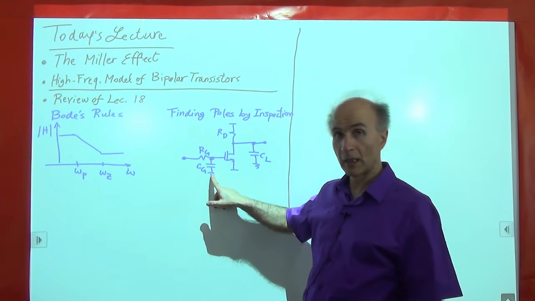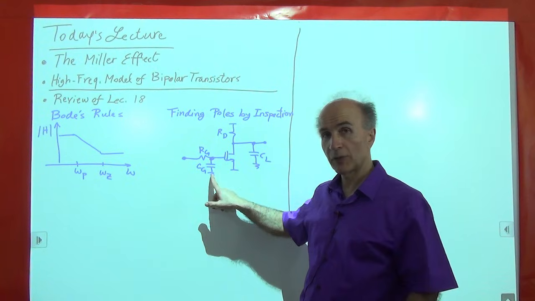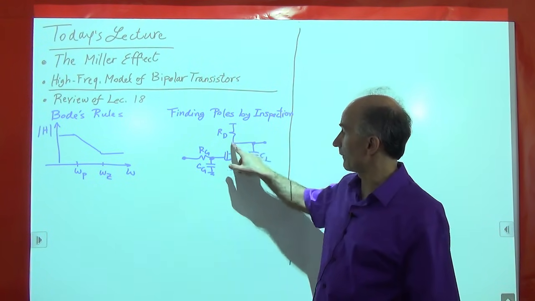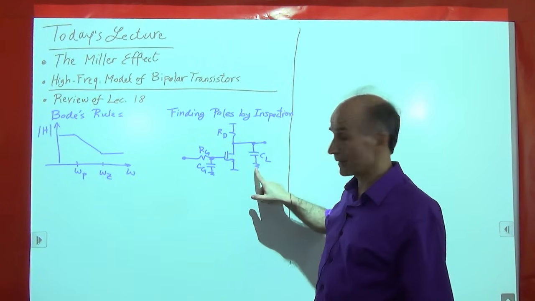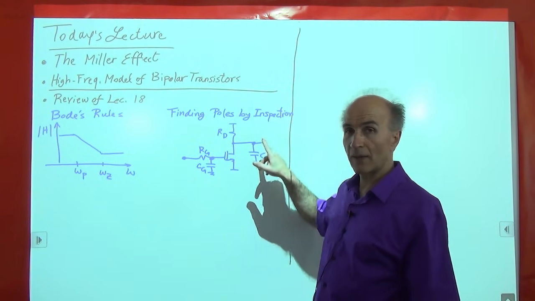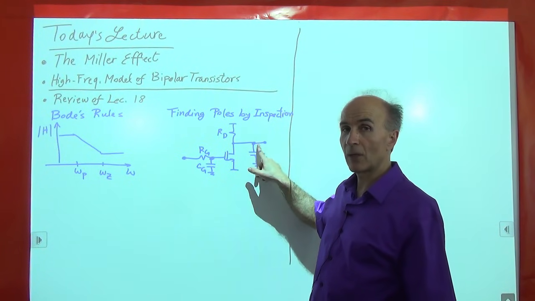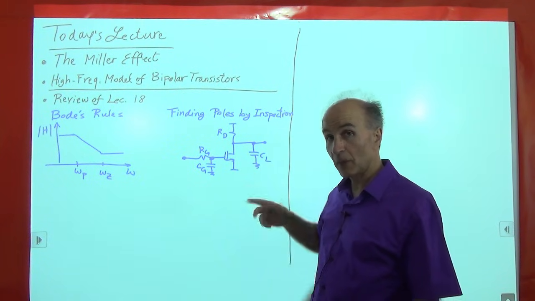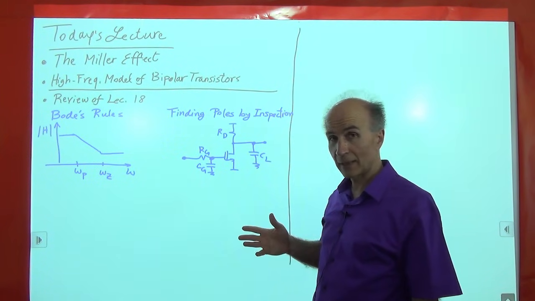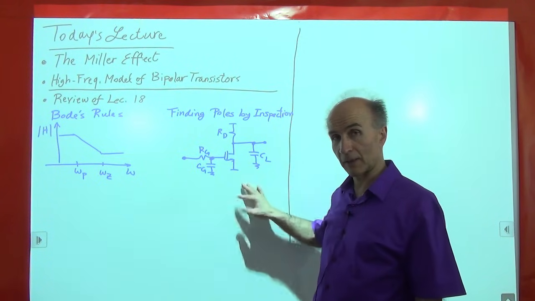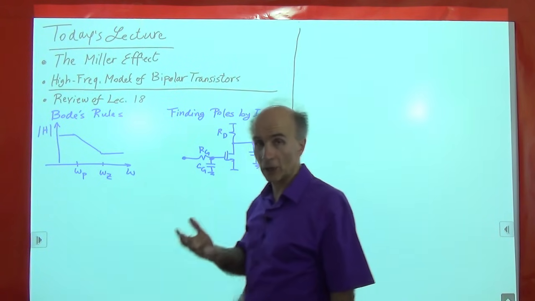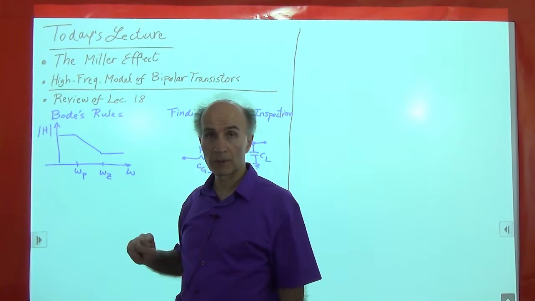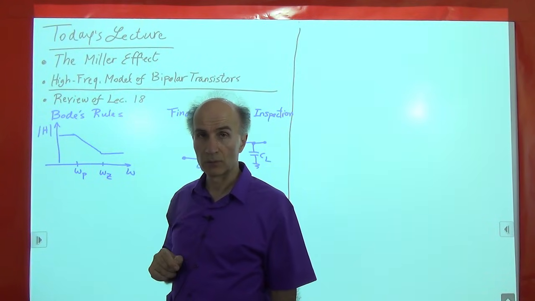That would be omega. If you want to find f in hertz, you would have to divide that by 2 pi also. Similarly, at this node, I have a resistance to AC ground and the capacitance to AC ground. So I can say that the pole at this node is given by 1 divided by Rd times CL. So that's great. It very quickly allows us to write the transfer function of a circuit like this, as we did last time. And then we can quickly plot the magnitude response as well, because we have the pole frequencies and we can use Bode's rules.